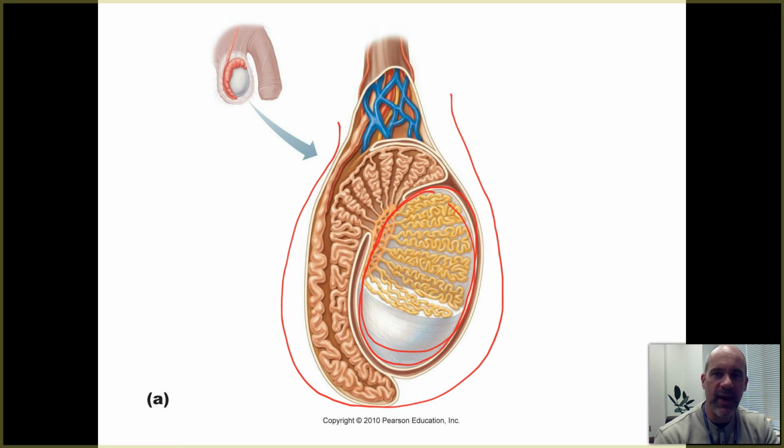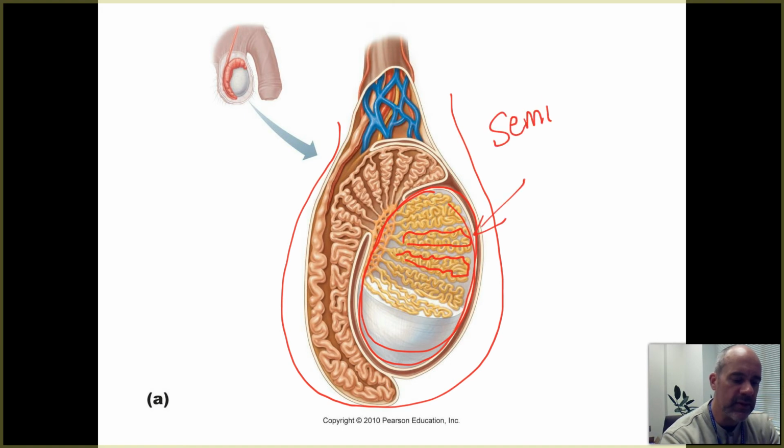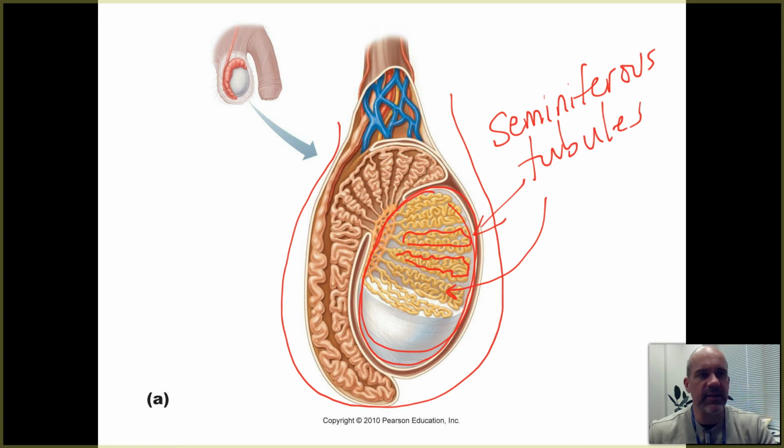Now on the inside, over on the physiology side, we're going to be talking about the function of these different things, but you would find a whole bunch of these wrinkled up little tubules inside there, and those are your seminiferous tubules. So all throughout the inside of a testis. And those are actually going to be the sites where sperm cells are formed.